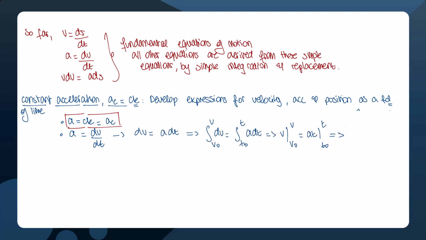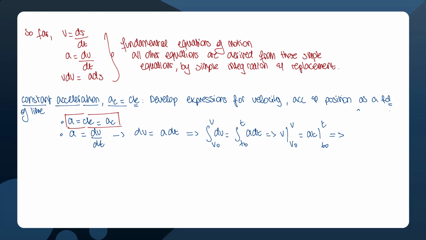And then by taking the integration from both sides, one can write that the integral from v0 to v of dv is equal to the integral from t0 to t of a dt. And by doing the integration, one ends up with v going from v0 to v is equal to at.